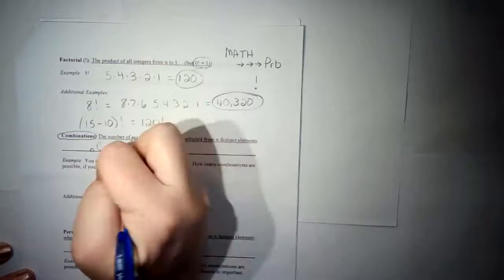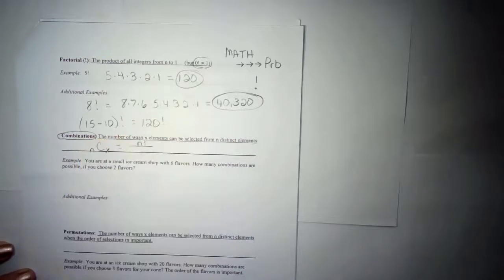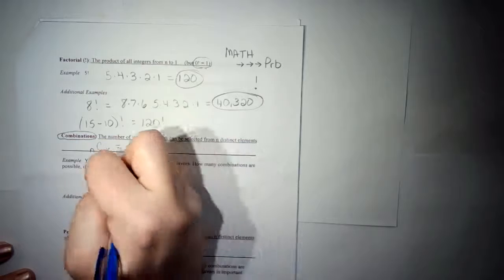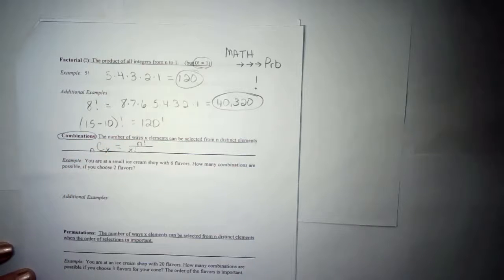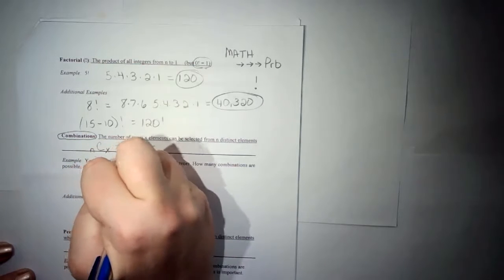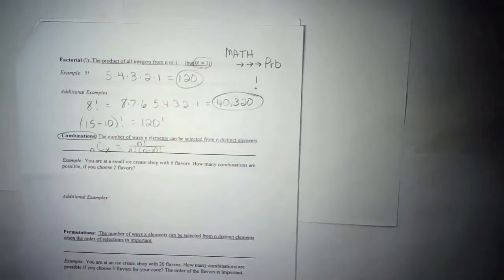This is going to equal a fraction. Your numerator is going to be n factorial. Your denominator is x factorial times n minus x factorial. Okay, that's why we did all that factorial practice, because again, back in the Stone Ages, we had to do all this by hand.